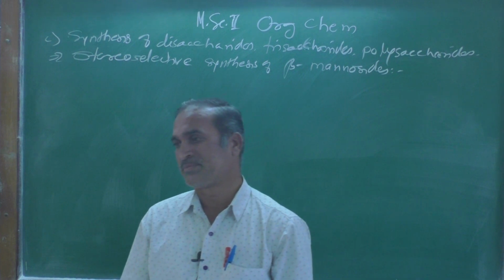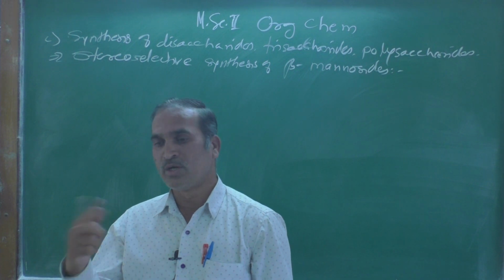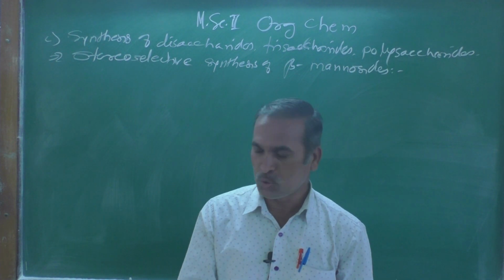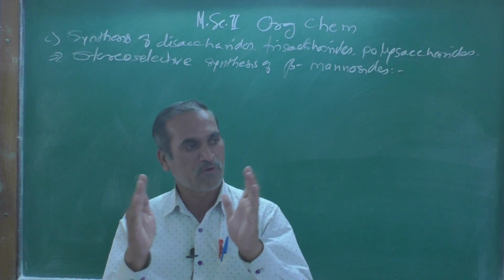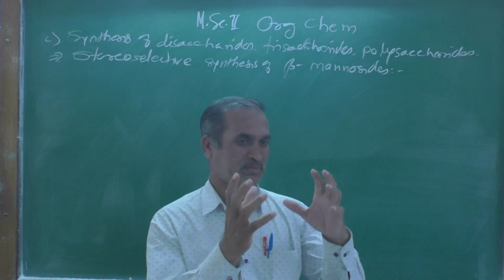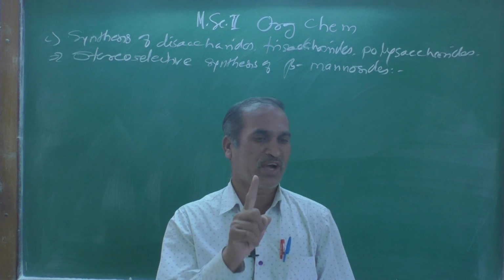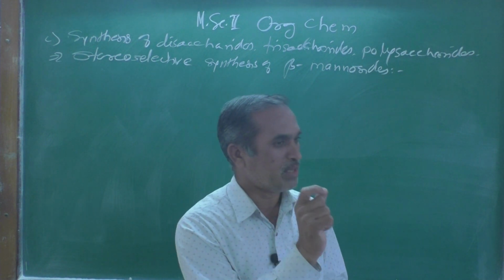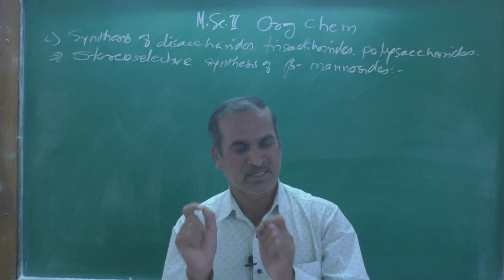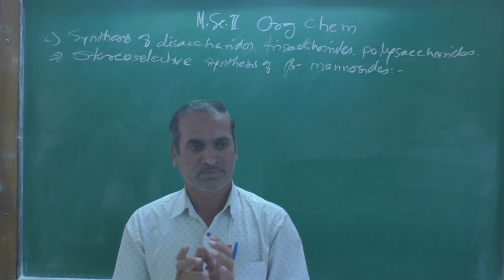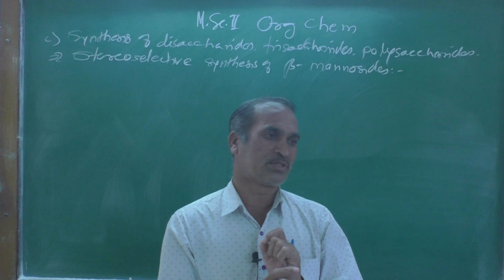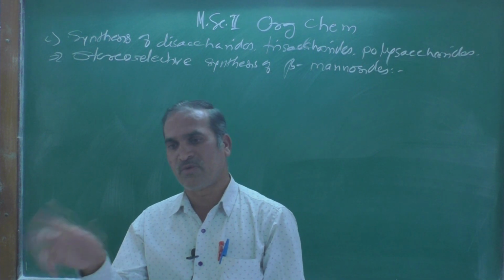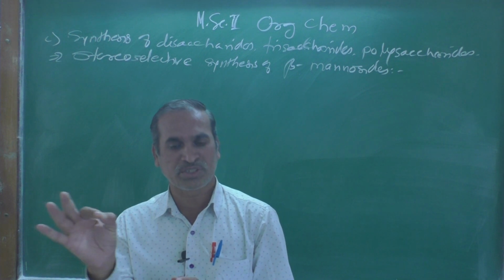Generally an alpha-beta 1,2 glycosidic linkage is found in sucrose, and if you observe the structure of sucrose, you will find that there is no hemiacetal structure present, because the anomeric hydroxyl group of glucose is involved in the formation of the glycosidic bond.